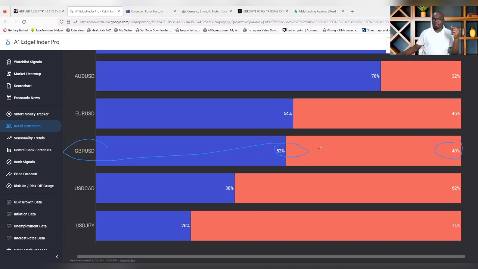What is the difference? They are almost the same. So obviously we know we're going against the crowd, but that's where the pressure is. The crowd is trying to push the price up, but we know normally that this kind of setup is dangerous. It's a consolidation phase. This is a consolidation setup.